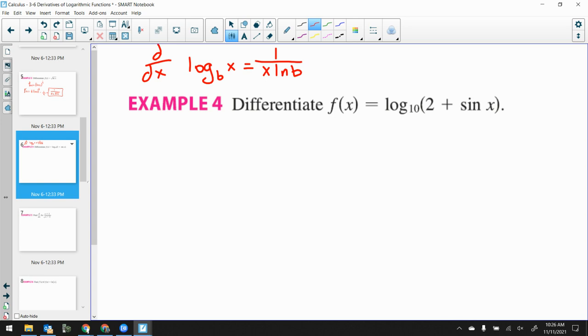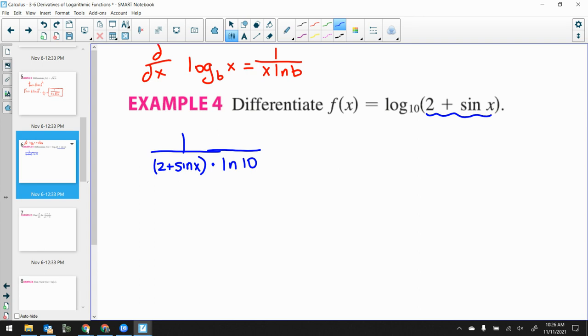Okay, let's apply that to this. If I have log base b of x, the derivative is 1 over x ln b, and my x in this case is this whole chunk, right? Because that's what's inside the logarithm. So I take 1 over 2 plus sine x times ln b, times natural log of 10.